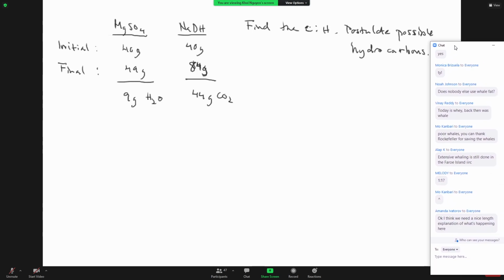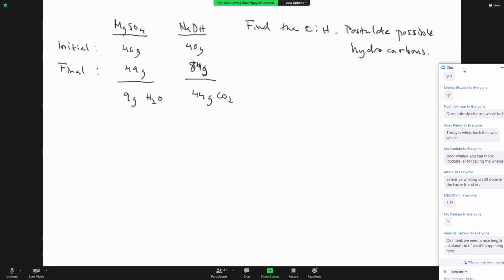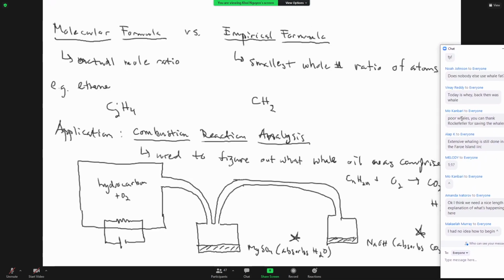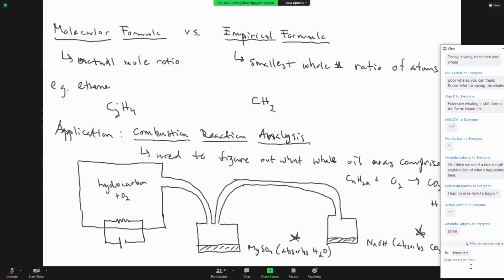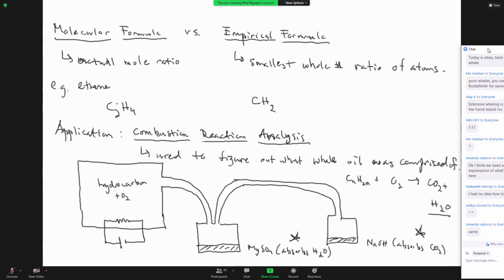This goes back to the previous example and application, Amanda. We're burning some hydrocarbons. The magnesium sulfate layer absorbed the water, the product of that reaction, and the sodium hydroxide absorbed the carbon dioxide of that combustion reaction.